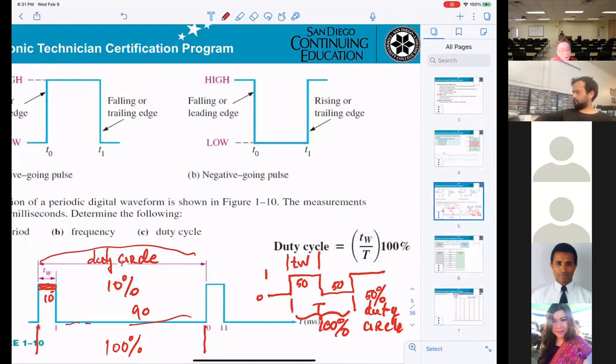If they ask you, okay, draw for me 30% duty cycle, then TW will be 30 and the rest will be 70. Now, what effect does that have on the way the circuit is working? It depends. Cannot tell you what circuitry.